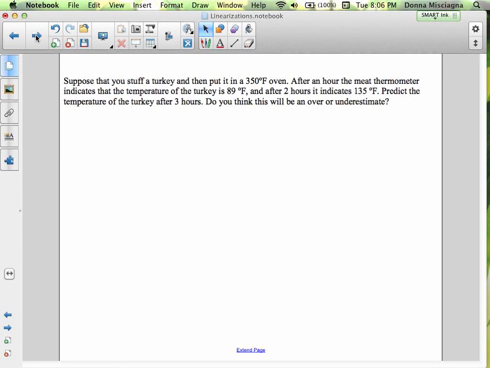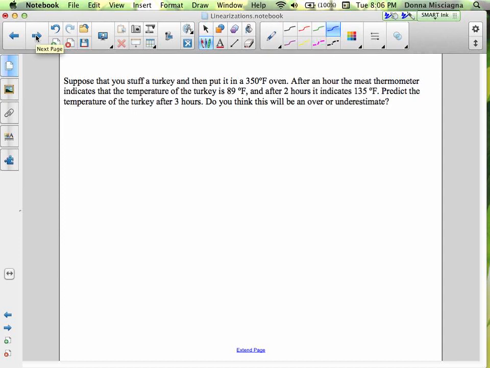Suppose you stuff a turkey and then put it in a 350-degree oven. After an hour, the meat thermometer indicates the temperature of the turkey is 89 degrees Fahrenheit. And after 2 hours, it indicates 135 degrees Fahrenheit. Predict the temperature of the turkey after 3 hours. Do you think this will be an overestimate or an underestimate?